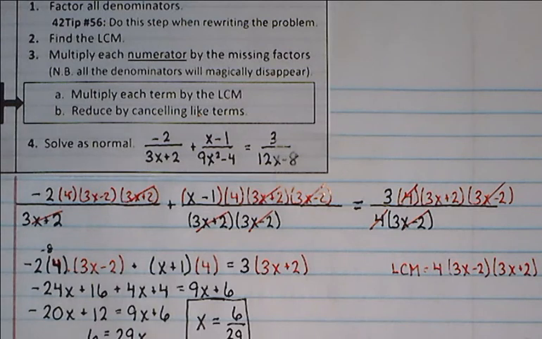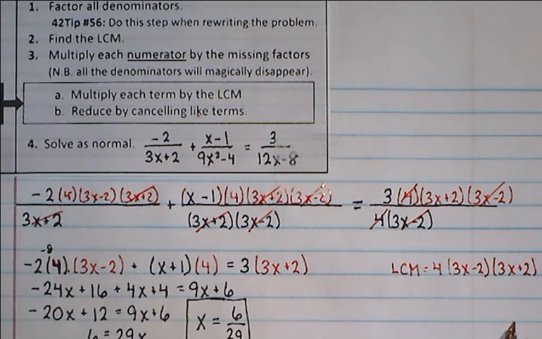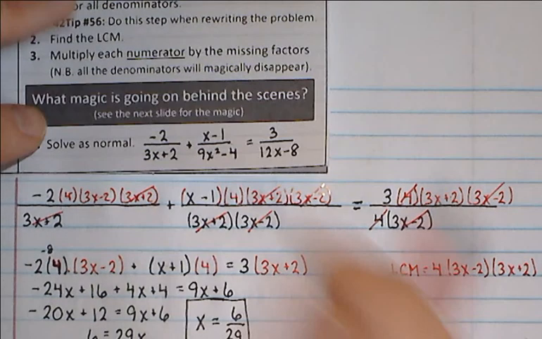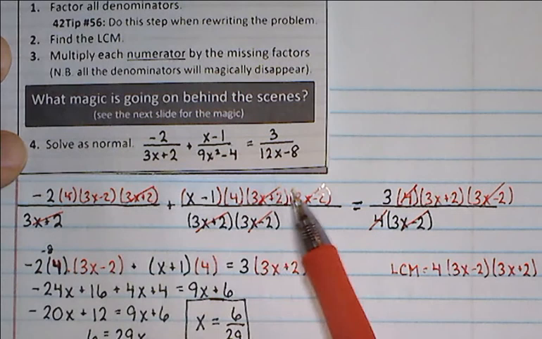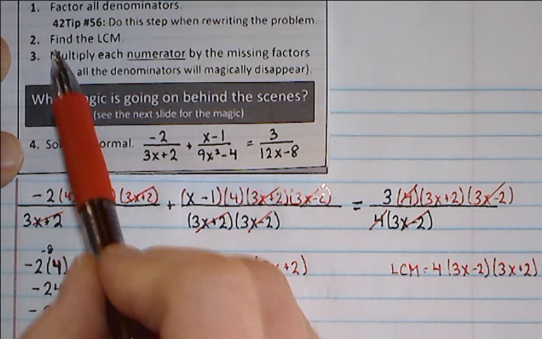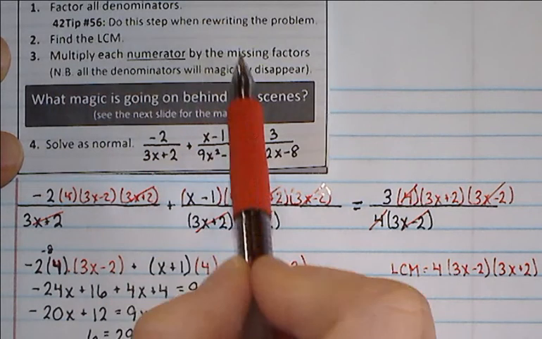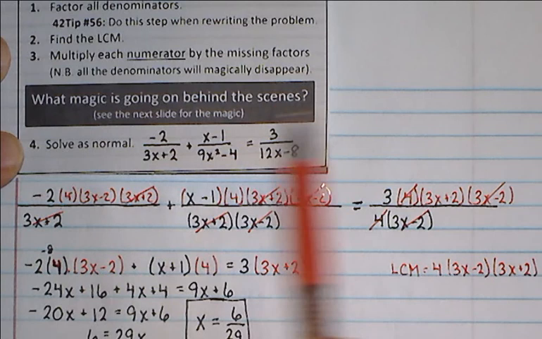That saves a lot of writing, a lot of canceling, and simplifies the process. And so this is the process that I would have you go through. Again, factor all denominators, find the LCM, multiply each numerator by the missing factors, and then the denominators disappear and you can just solve as normal.